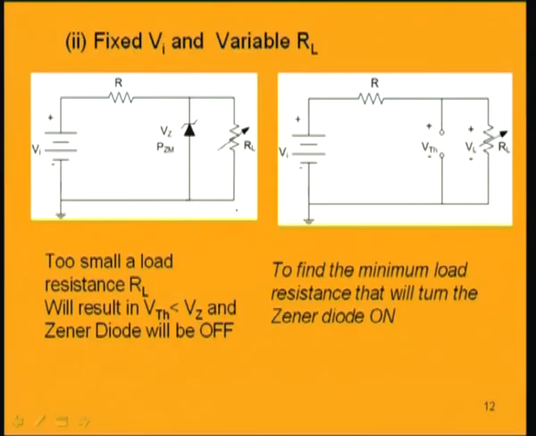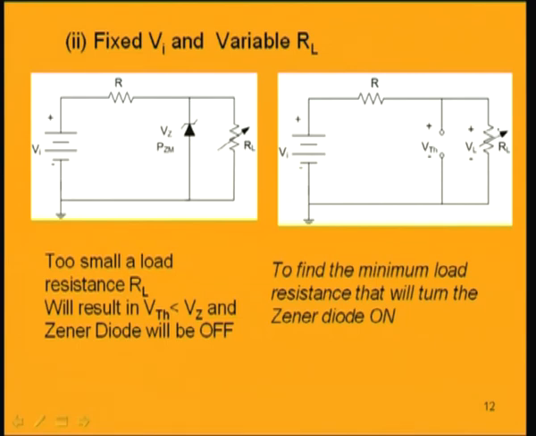So, now in this circuit this load is variable, that is why a variable symbol is used for this load resistance R L. Now, how much variation can this load resistance have in order to turn the Zener diode on?